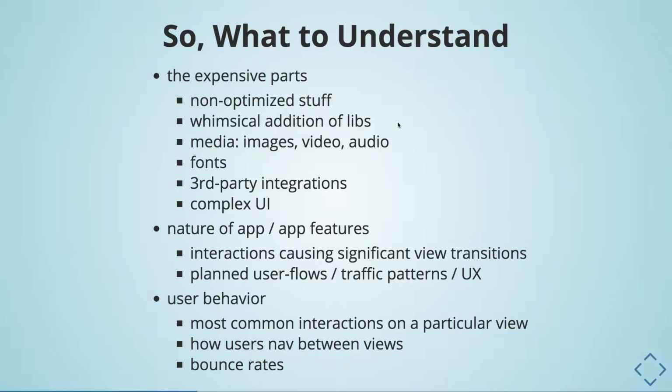But in addition to that, you want to understand the nature of your app and its features. Understand the different pathways people can take, and weigh that against the expensive parts, right? So a carousel is a great example. 10 slides, each with an image, pretty big image. I mean, that's a lot. That's a lot of things you could potentially be sending down, right? Understand that. Figure out how to optimize around that.